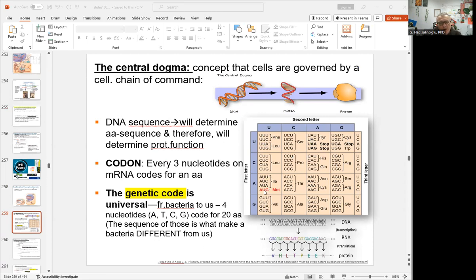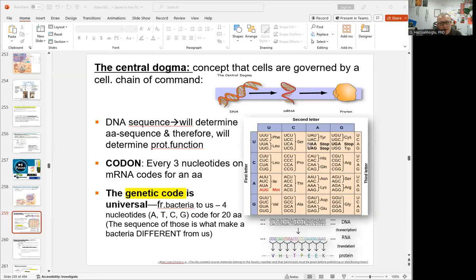Four of them. Number 1 is AUG. It's methionine. Why is AUG important? Because it's the start codon. And if there is a start codon, there must be some stop codons. There are 3 of them: UAA, UAG, and UGA.